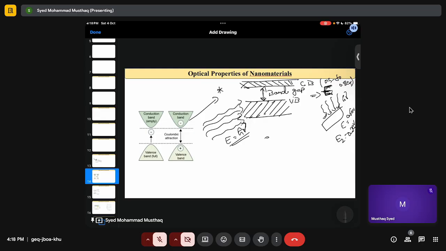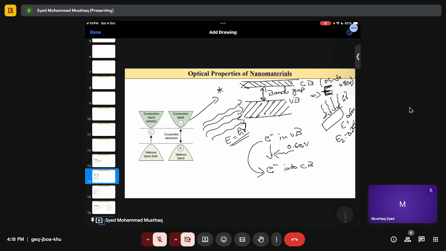The electron in my valence band will take that energy, 0.6 electron volts. It will jump into the conduction band, and then it may conduct electricity, or it may emit something.